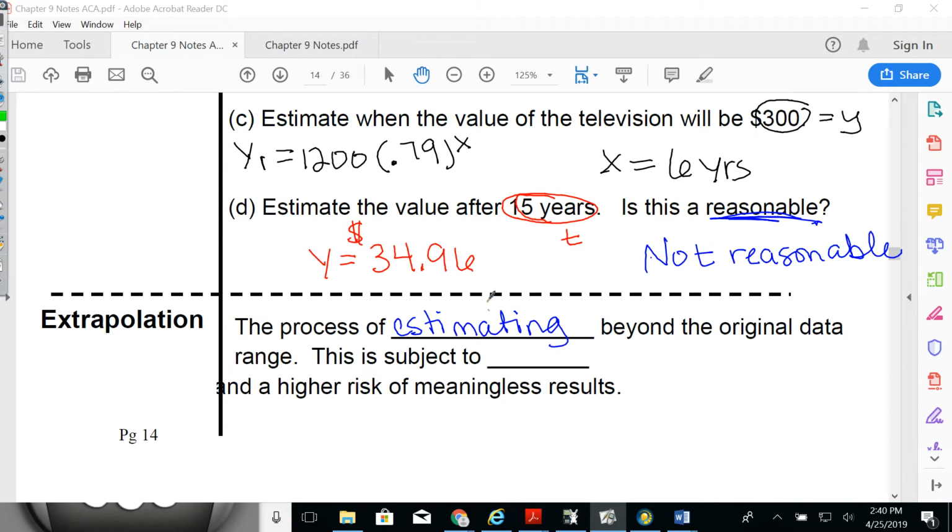So this is subject to uncertainty and a higher risk of meaningless results. We can get it to a penny, but that's probably going to take 100 years, and at that point it'd be a classic because it's really, really old and really nice, or it's in the trash. So that's why we don't do the extrapolation.